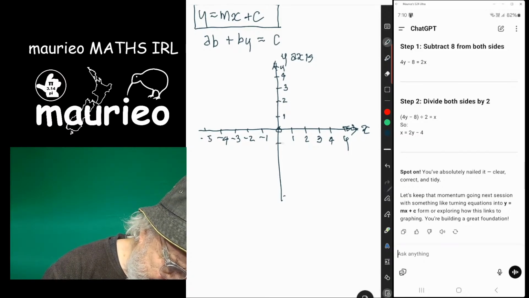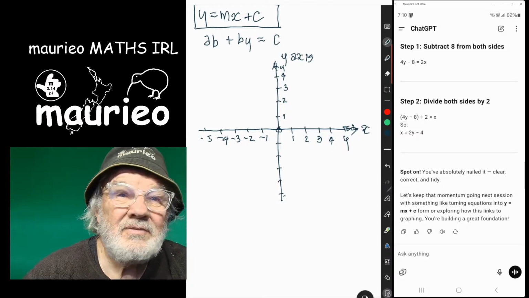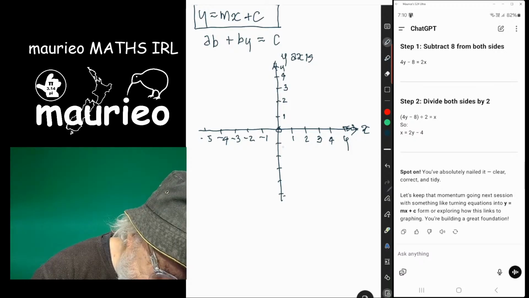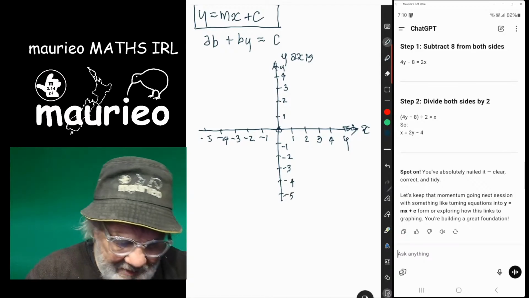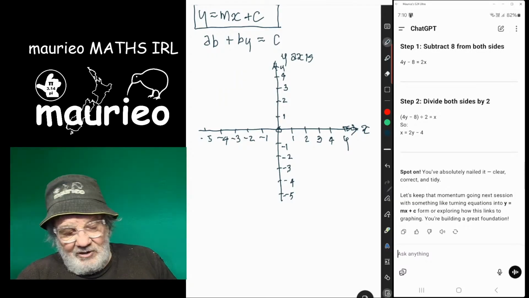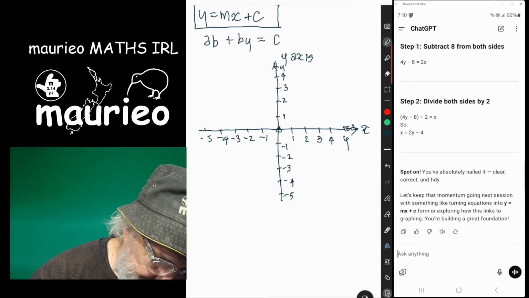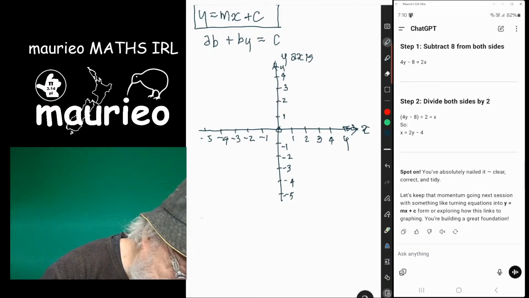And then we have 1, 2, 3, 4, 5. We also have -1, -2, -3, -4, -5. And so that is our axes, called the Cartesian plane.